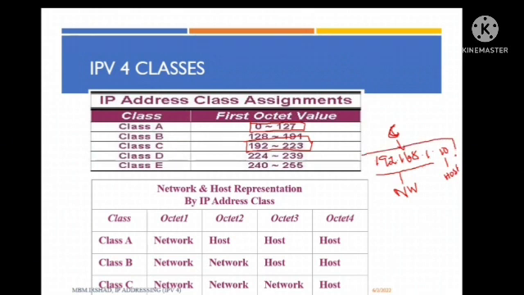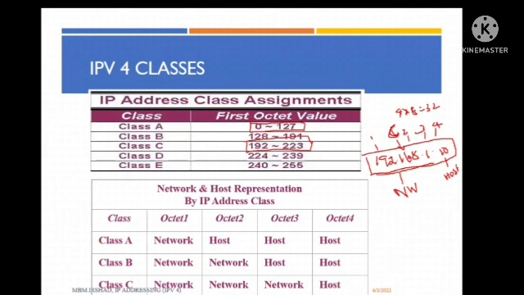The entire IP address is represented by 4 octets, 8 bits each. We know that IP version 4 is 4 into 8, which is 32 bits.